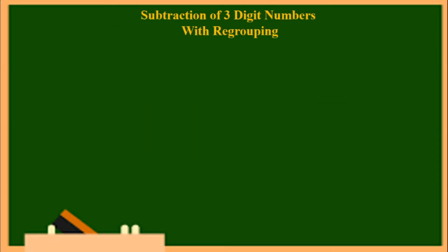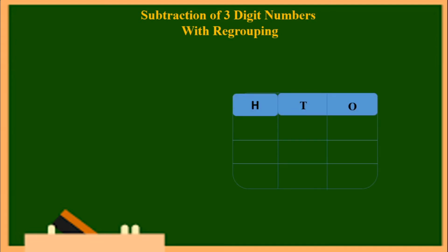Now we will see subtraction of 3-digit numbers with regrouping. We will represent the numbers in hundreds, tens and ones columns. The first number is 6 hundreds, 8 tens and 7 ones. The other is 3 hundreds, 4 tens and 9 ones.